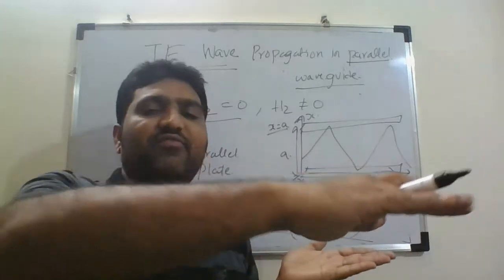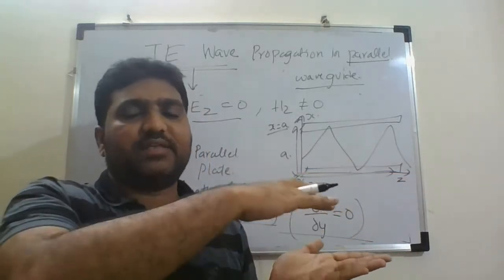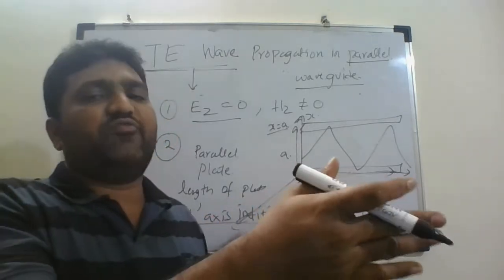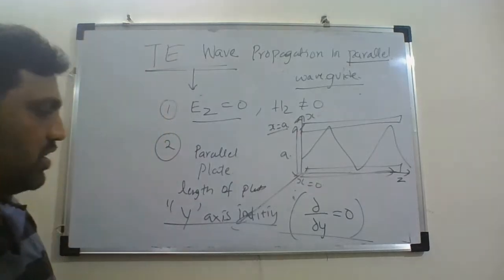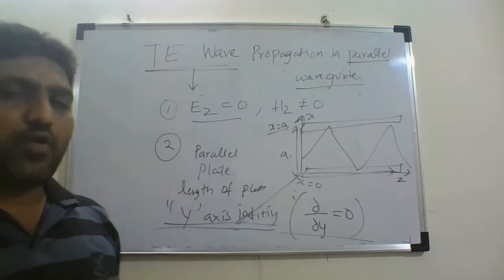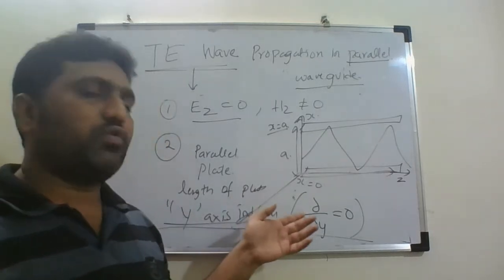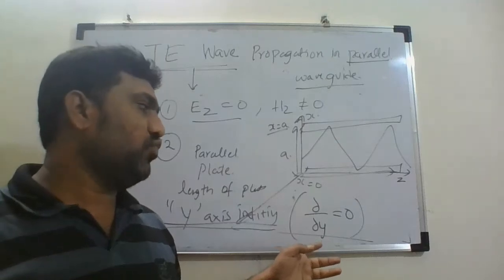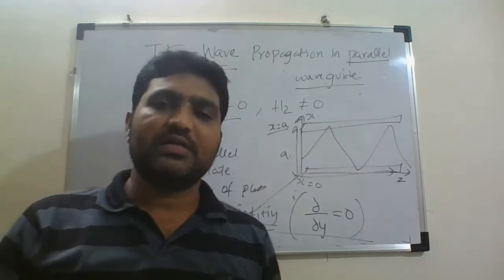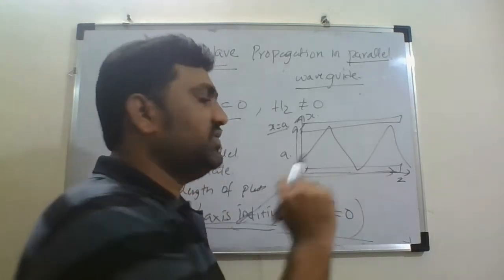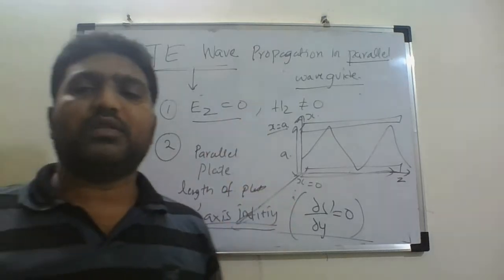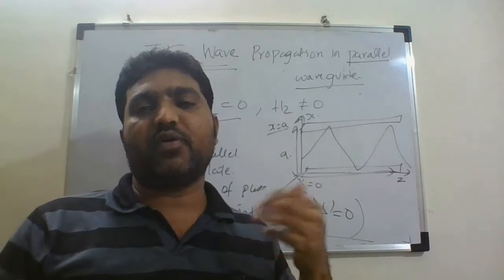Therefore, the length of the plates along the y-axis is infinity, and there are no boundaries. So the differentiation with respect to y of any quantity will be 0, that is, dou by dou y of anything is always equal to 0. These are the two conclusions we get from the TE case.